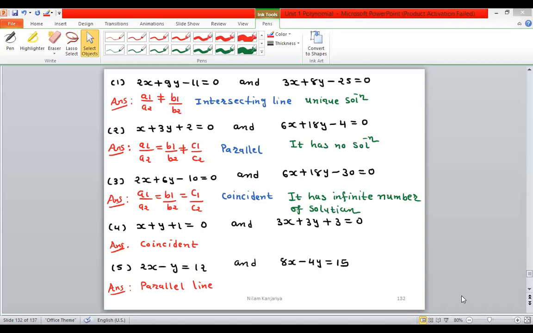Our aim was to find whether the given equations are parallel, coincident, or intersecting. All of this depends on the lines and the equations of the given variables.